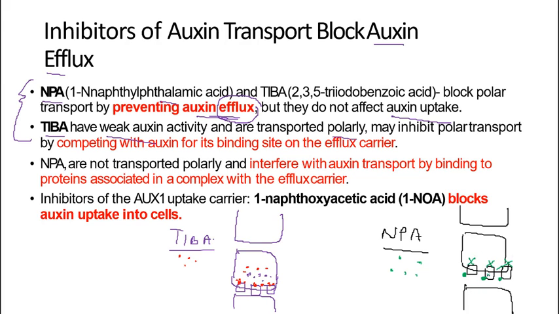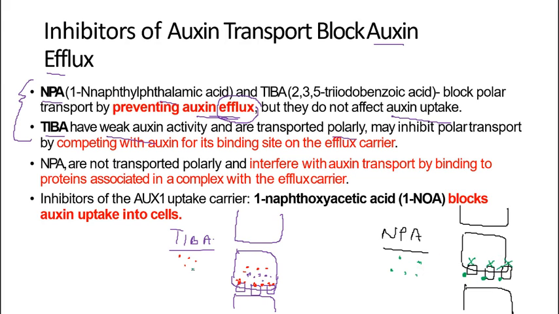When they bind to any of the efflux proteins, they will block the efflux transport. So if they bind with PIN, they'll, say for example, change the conformation of those PINs and will not allow the auxin to be released through those PINs. In that way NPA inhibits.